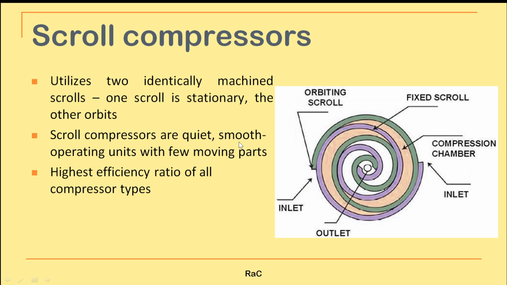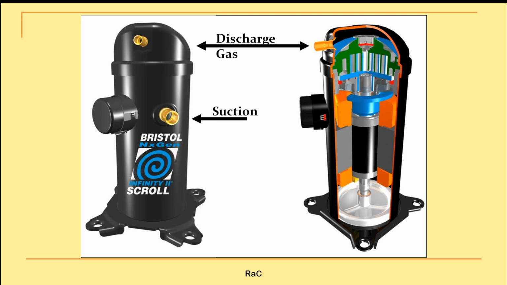So they are very quiet, smooth operating units with few moving parts, because only one of the scrolls is moving, the other one is stationary. So you can see here the compression chamber, this pink one is the compression chamber. The chamber volume is reduced, as a result the compression happens. So it has the highest efficiency ratio among all the compressor types.